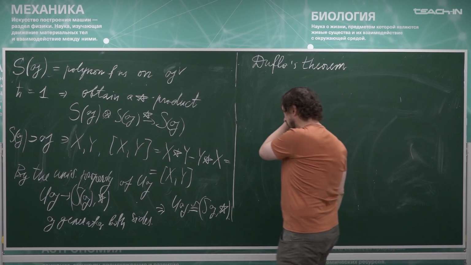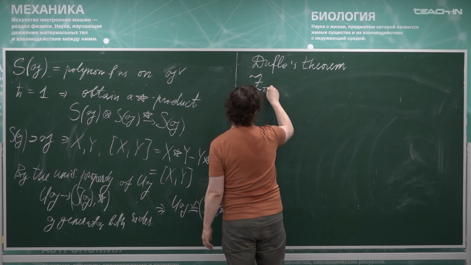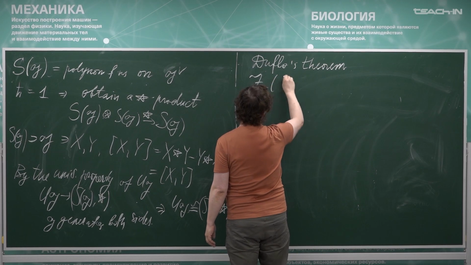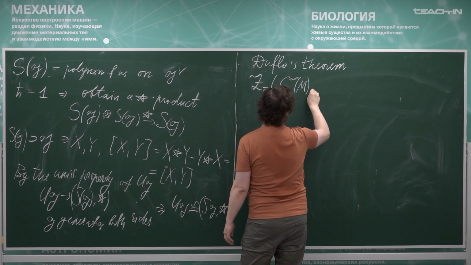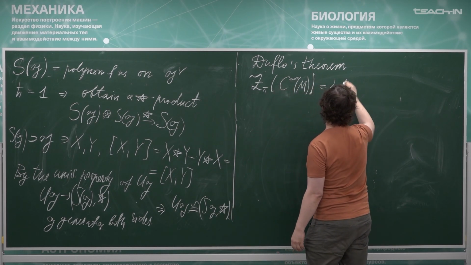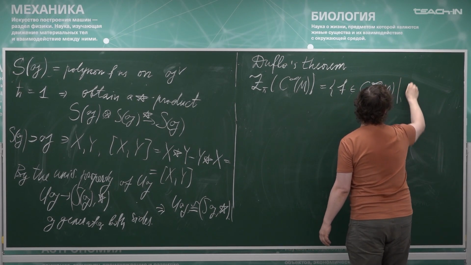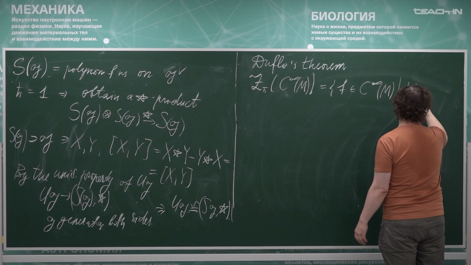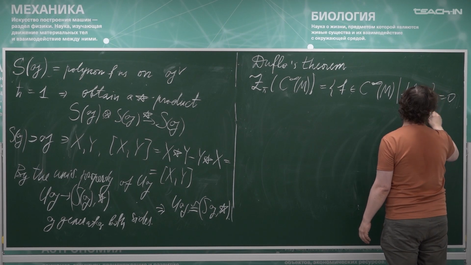To this end, let me recall that the Poisson center of C infinity of M consists of all functions f in C infinity of M such that the Poisson bracket of f with anything vanishes identically.